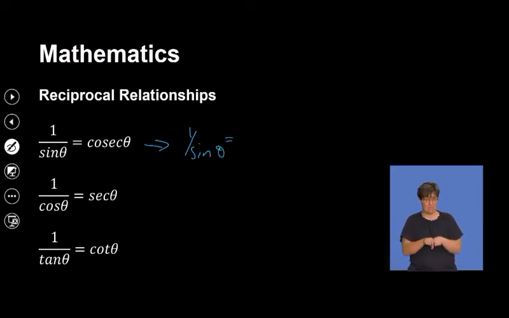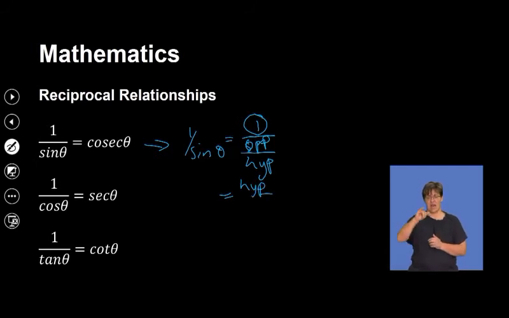Remember, it's the same as 1 over opposite over hypotenuse. And because I'm saying 1 divided by, these two will swap around, because that was the big idea. And this becomes hypotenuse over opposite, which will then be the cosec.